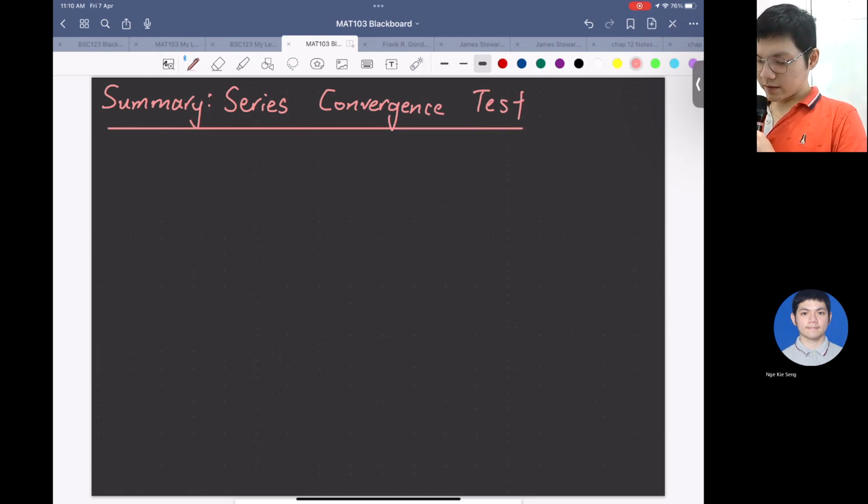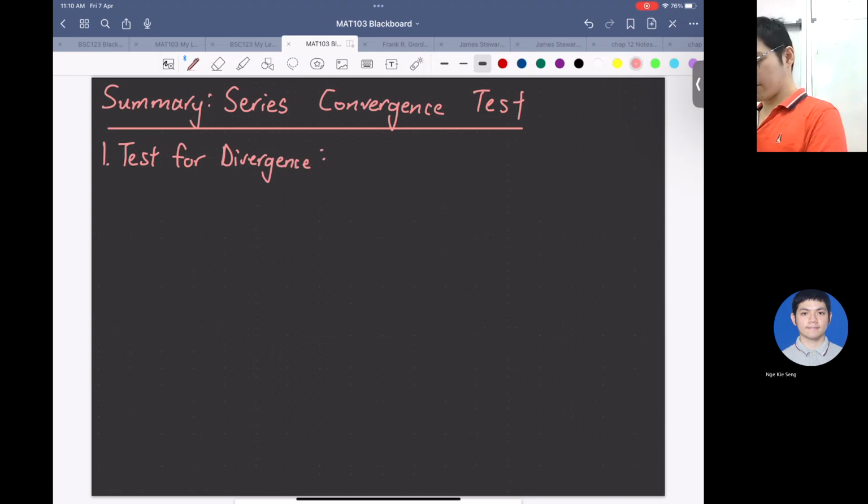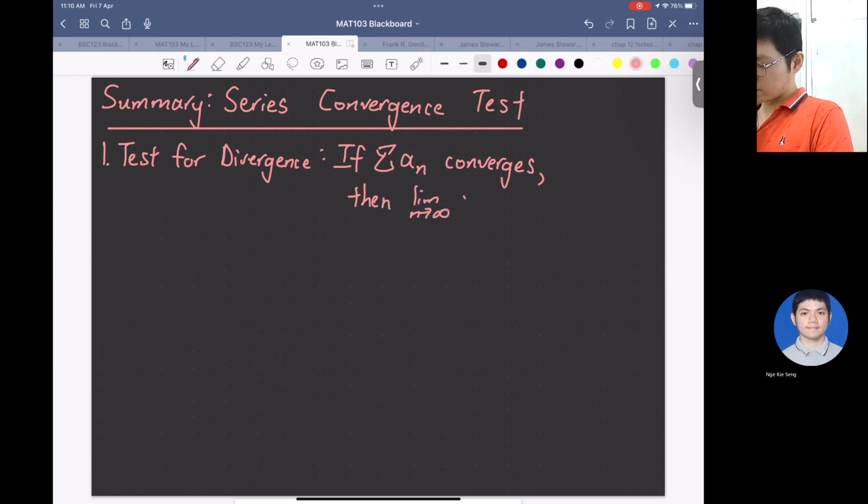We got the first test of divergence, which says that if the infinite series converges, then the limit of the term should approach 0.